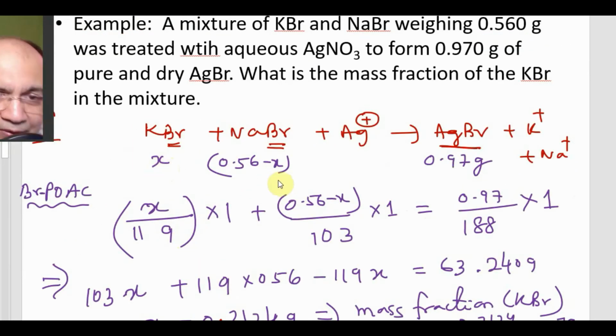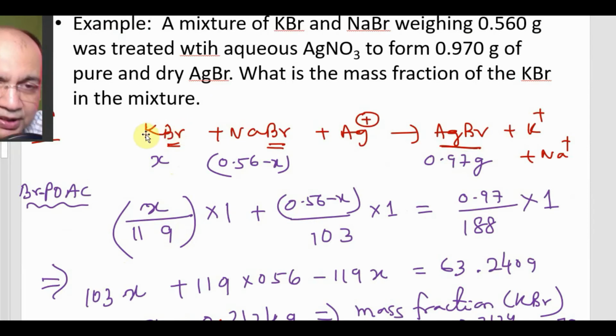Supposing this is x gram, this is 0.56 minus x gram, and this, the total silver bromide formed from both, is this much, right? So x, its molecular mass is 119, because 80 plus 39, so moles into 1, because there is one potassium atom and one bromine atom. We are going for bromine POAC, one bromine atom.